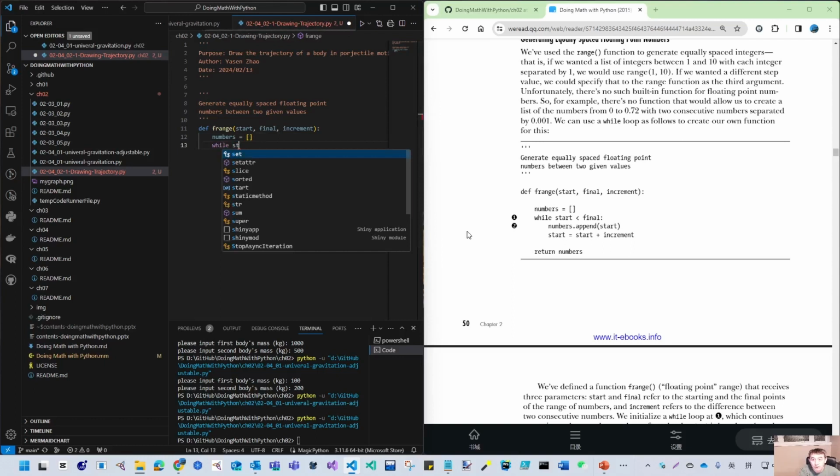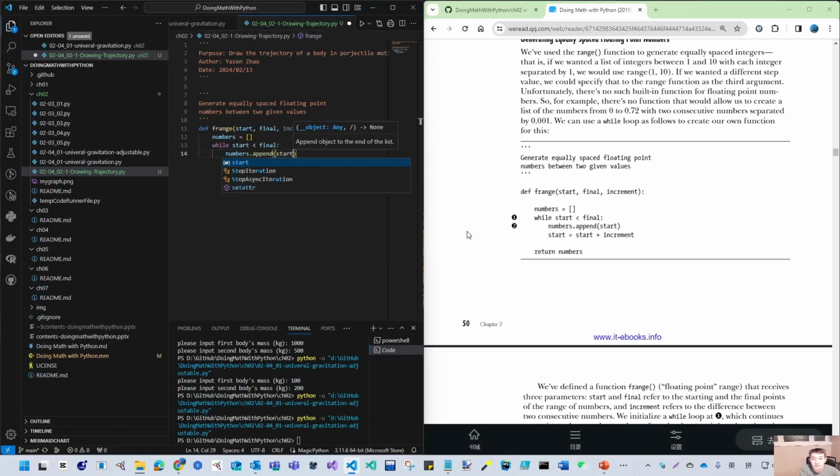Then, while start has not reached final, we use a while loop. So numbers.append(start), and then start plus equals increment. Yeah, these are the allowed syntax.